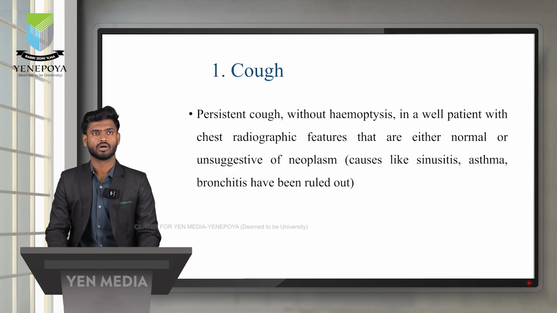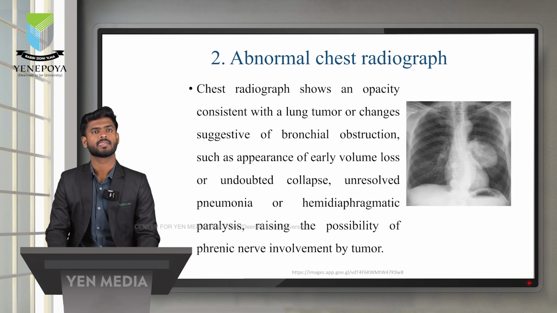When it comes to cough: a persistent cough without hemoptysis in a well patient, with chest radiographic features that are either normal or unsuggestive of neoplasm. Abnormal chest radiograph: the chest radiograph shows an opacity consistent with a lung tumor, or changes suggestive of bronchial obstruction, such as early volume loss or undoubted collapse.